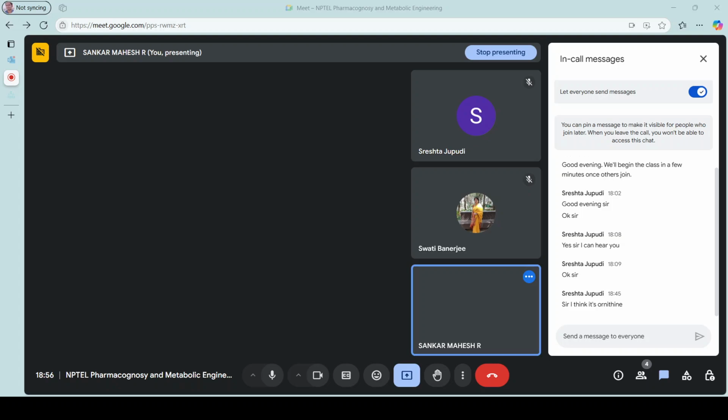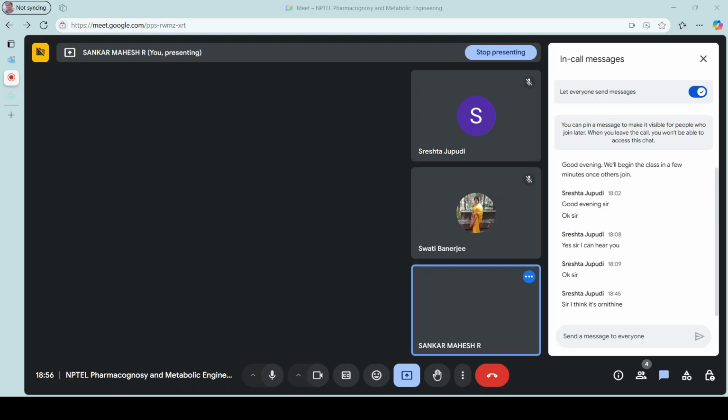Calystegines are a group of non-tropane alkaloids. These also can act as glycosidase inhibitors. From the name itself, you can understand that this is synthesized from the tropane alkaloid biosynthetic pathway. Here, tropinone is the key intermediate where it acts as the branch point. At the pathway level, you can look at it here, tropinone.